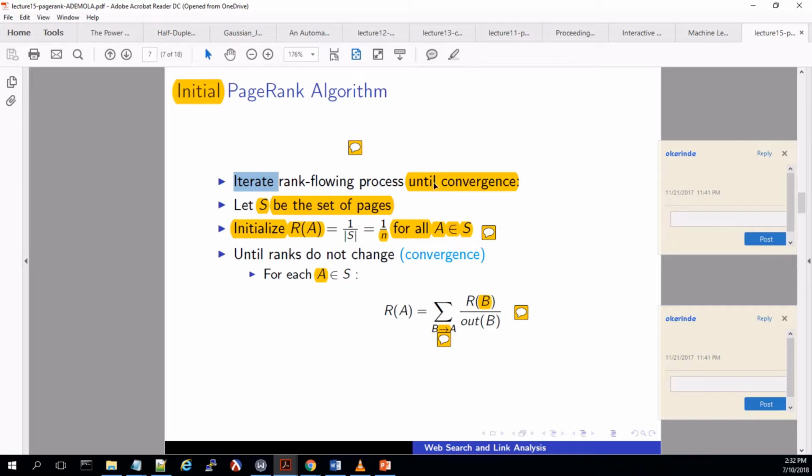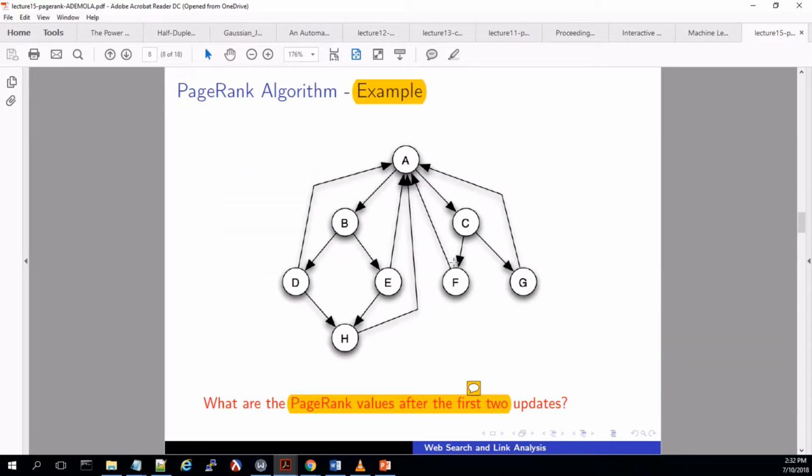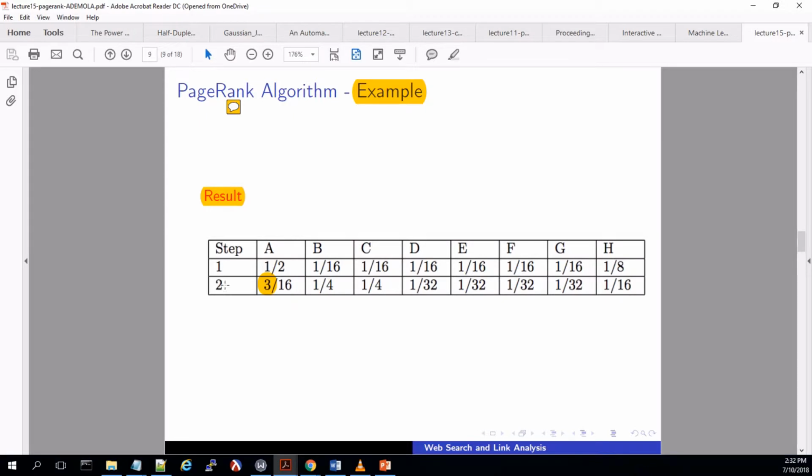You need to iterate until it converges, that is, when you continue these steps until these values remain relatively the same, that is, nothing is changing. At that time you know that you have reached a stable state.